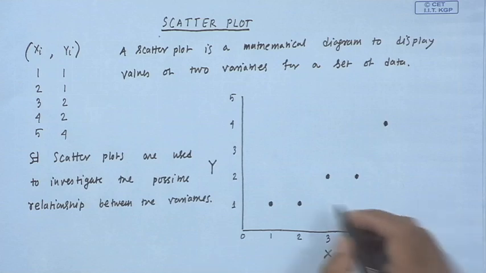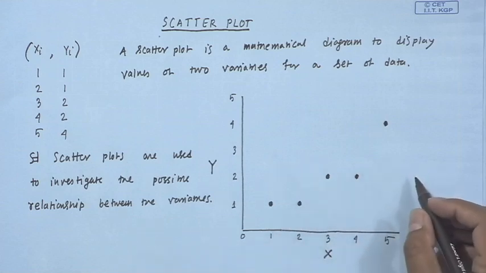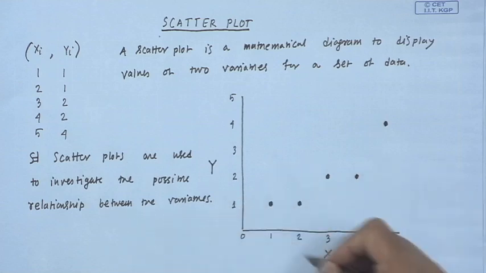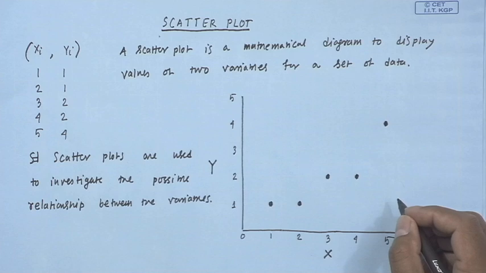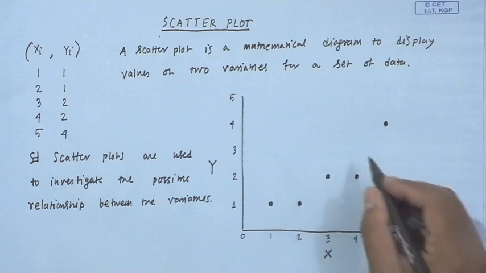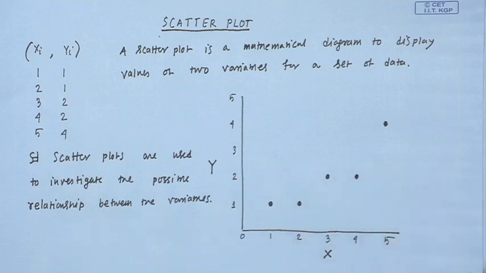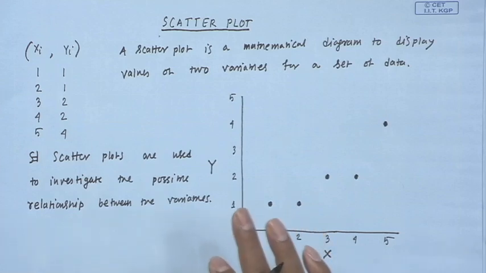And looking at this scatter plot, I feel that it indicates a linear relationship between the response variable and the regressor variable.